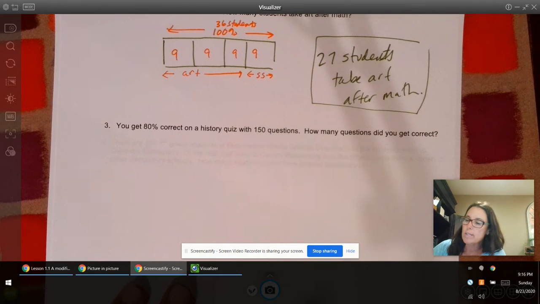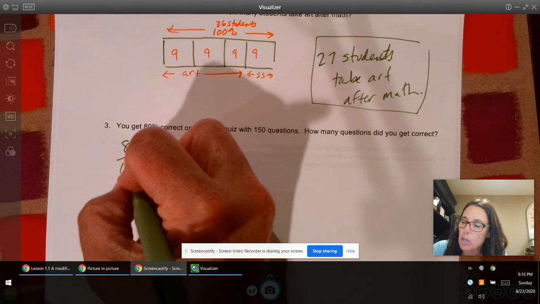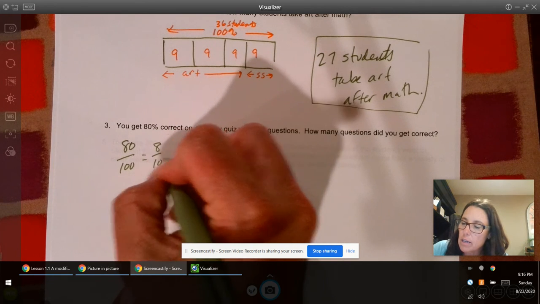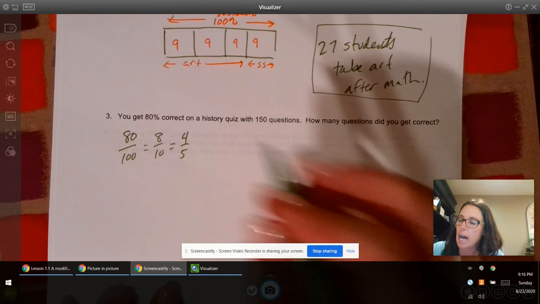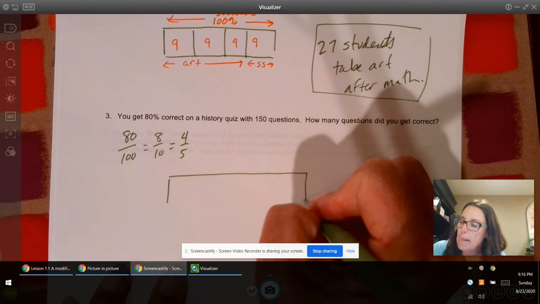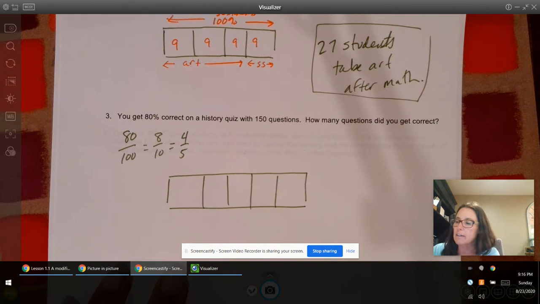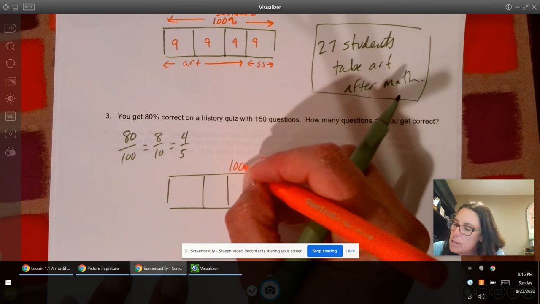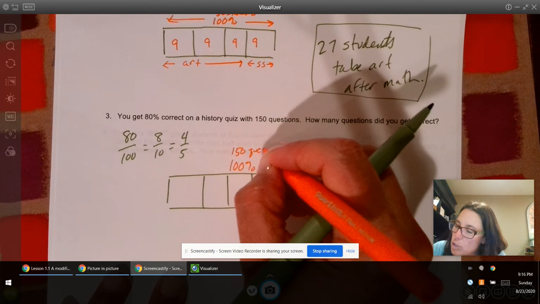So 80%. Remember, we always talked about when you're given a percent, you always start with that over 100. So that reduces to 4 parts of 5. So 1, 2, 3, 4, 5. 100% would be all 150 questions.